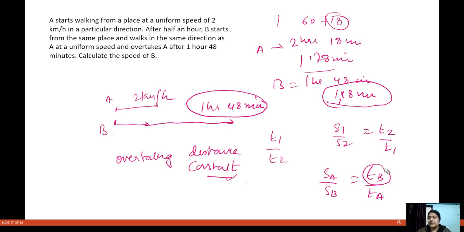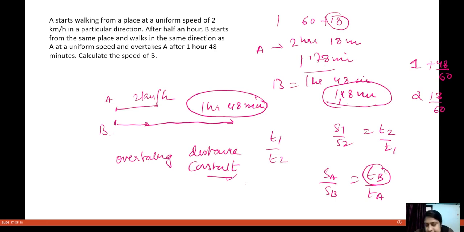Now, what is the time taken by TB? The time taken by TB is 1 hour 48 minutes, that is 1 plus 48 divided by 60. And TA is 2 hours 18 minutes, that is 2 plus 18 divided by 60.